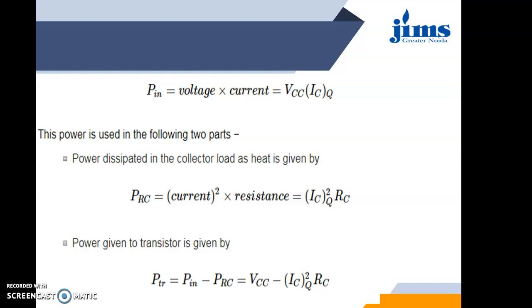Now this gets divided into two parts. First is the resistance power, the power dissipated across the collector resistor. It is given by PRC, which is IC square into RC. It is in the form of heat. And the remaining power is the power obtained across the transistor. So the power across the transistor will be the input power minus the power dissipated across the collector resistor.